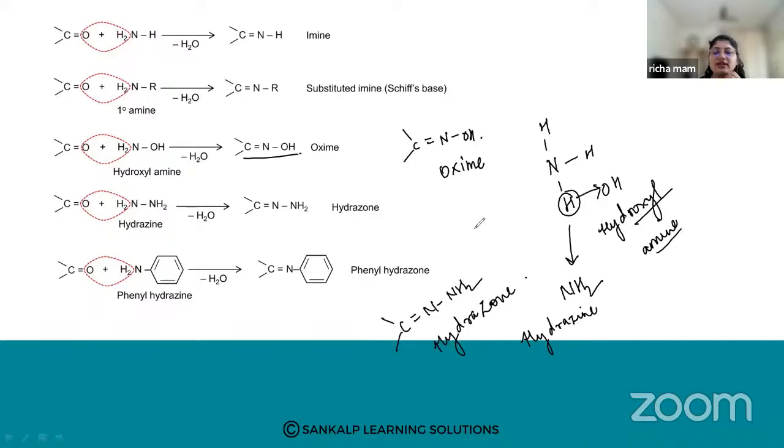So these are the derivatives of ammonia. Ammonia, when it reacts with the carbonyl carbon, gives you the imine system.